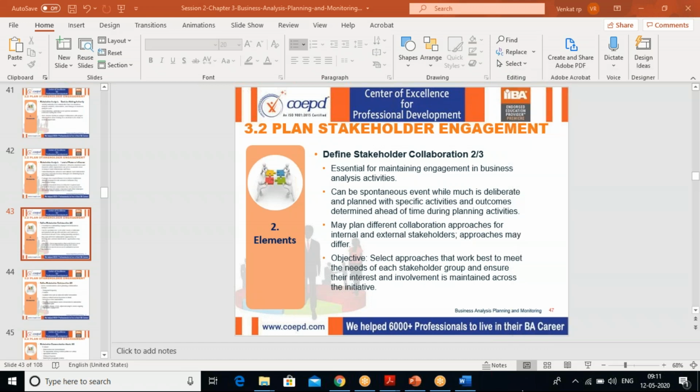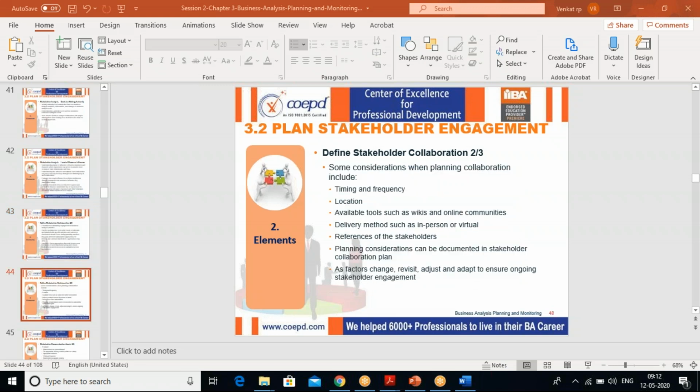Collaboration mode means in what way we are going to collaborate with these stakeholders, internal and external, what the engagement plan is, what instructions we are going to give these people, what we are going to expect from them, and where they are going to influence it. We have to plan this collaboration model accordingly, and then take things forward.